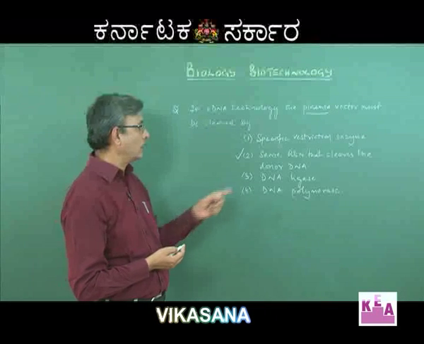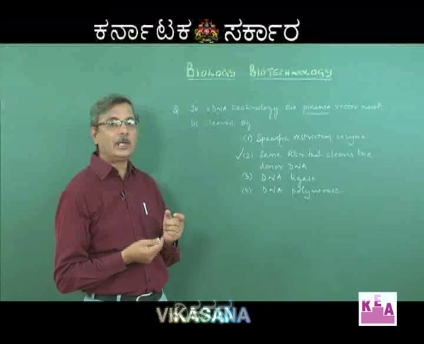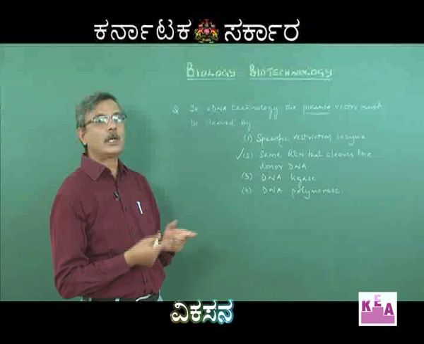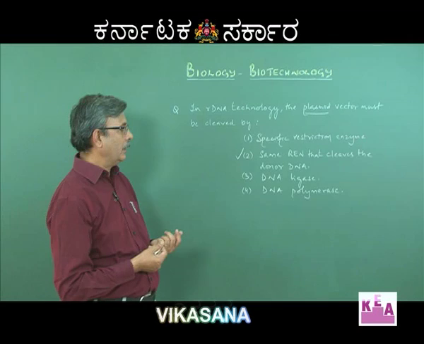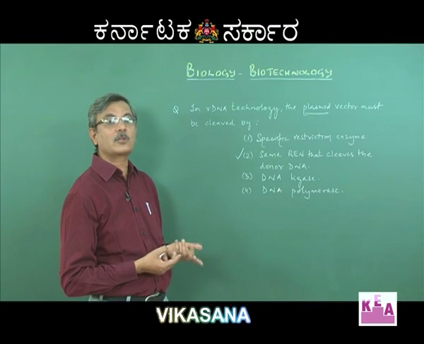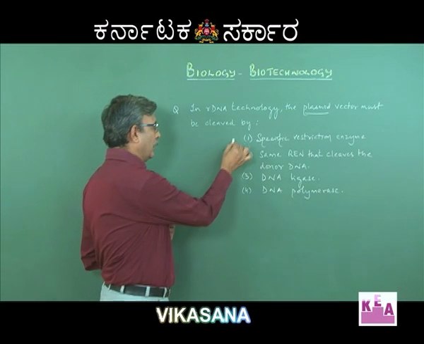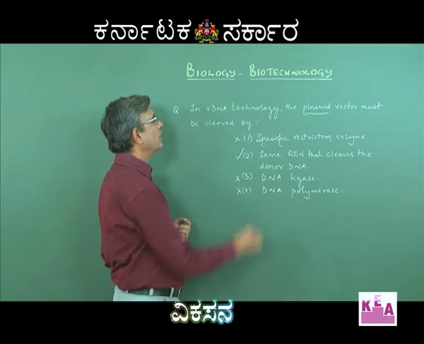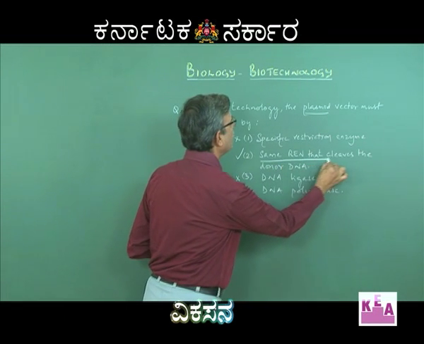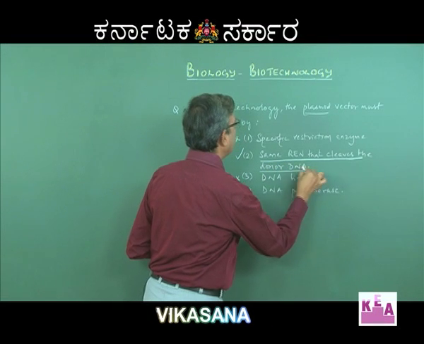When you come to option 3, I hope all of you know, DNA ligase is used to attach the two DNA fragments to get a recombinant DNA. DNA polymerase is a replication enzyme. So, thereby 1 is not our answer, 3 is not our answer, 4 is not our answer. The second option is the correct answer.